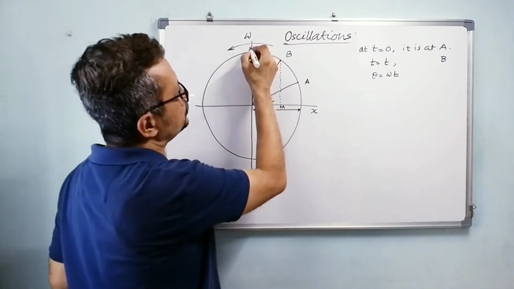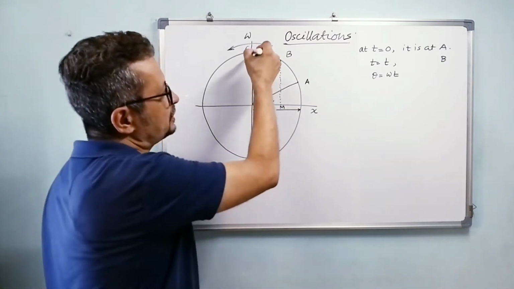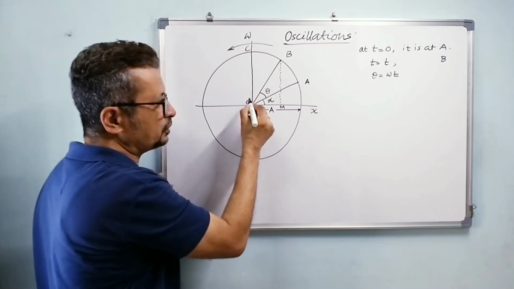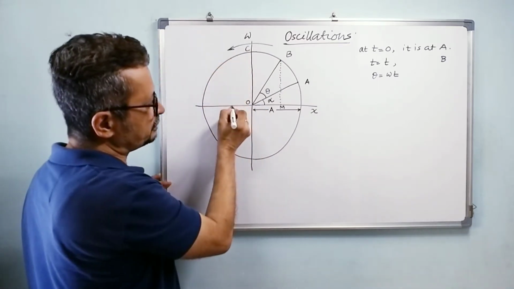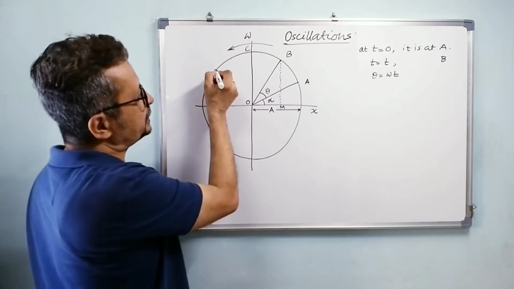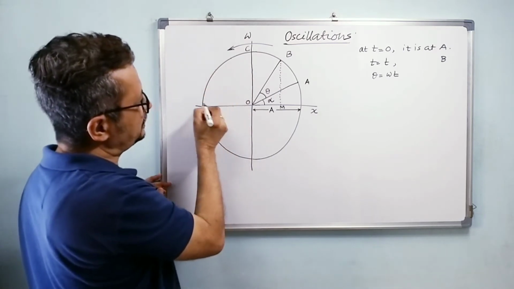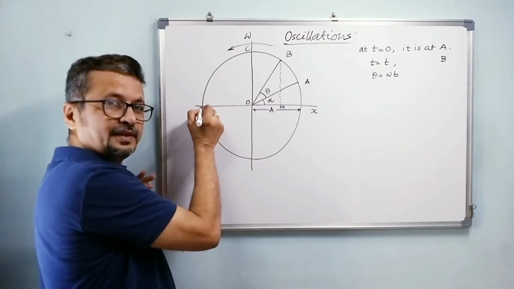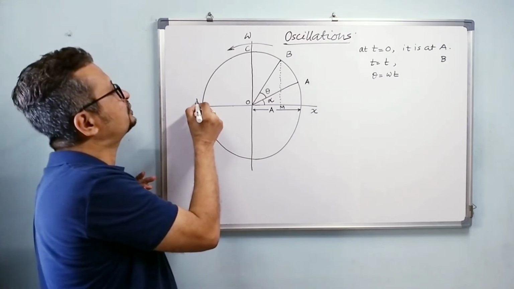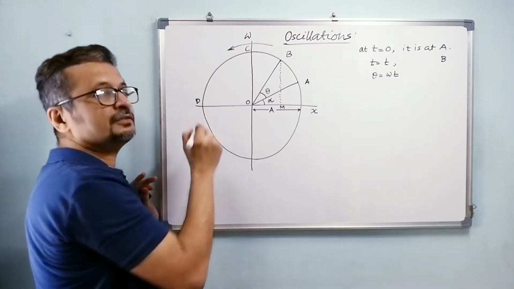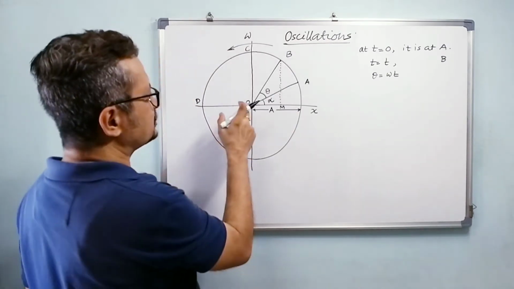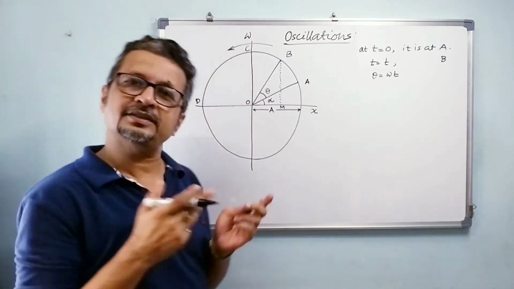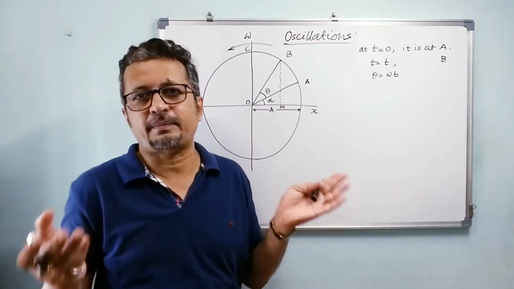When it moves to point C here, the projection will come on the origin O. When it moves here, the projection will be here. When it moves here, at this point, let us call this point D, the projection would be at point D, correct? And what is the distance of D from the origin? It is obviously the radius of the circle, that is capital A.